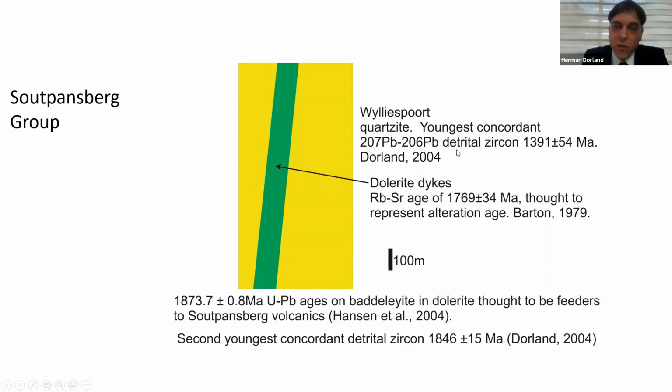But in my thesis work, I found by SHRIMP dating a detrital zircon in there that's got an age of 1,391 million years. So it's about 400 million years younger than the dike that intrudes it. So there's an intrusive discrepancy in the Soutpansberg Group with the dikes and the Waterberg formation.